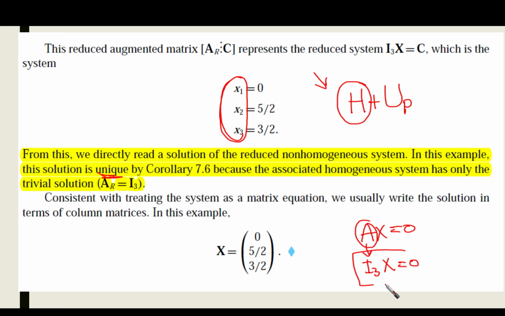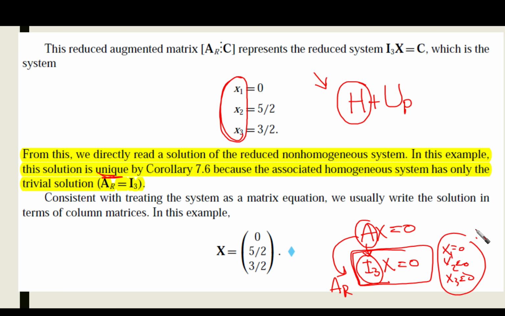This means, go back to the previous video and you are going to find that whenever the reduced matrix AR is the identity matrix, the homogeneous system is going to have the trivial solution. Trivial solution means that all the unknowns are going to be zeros.